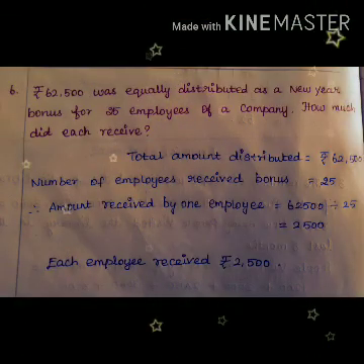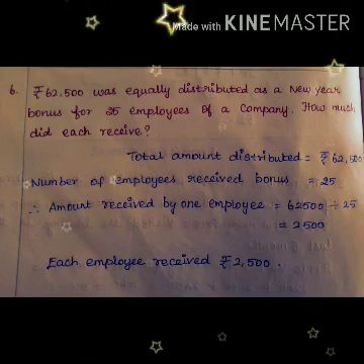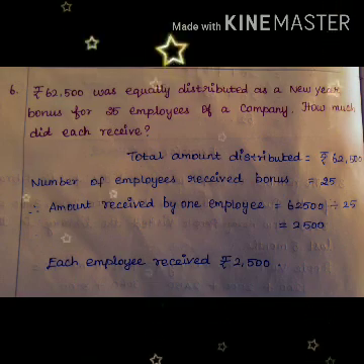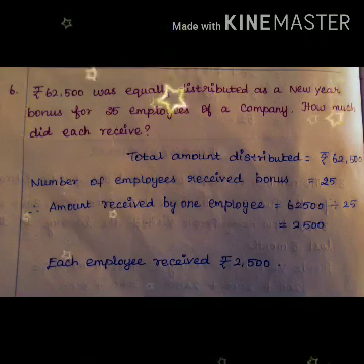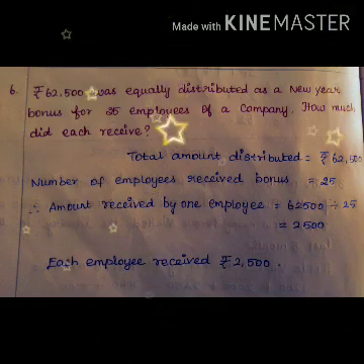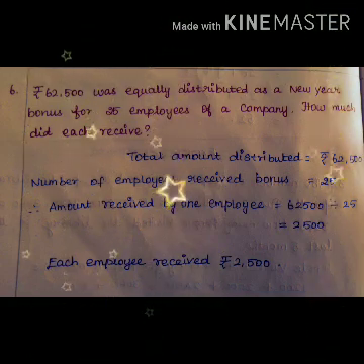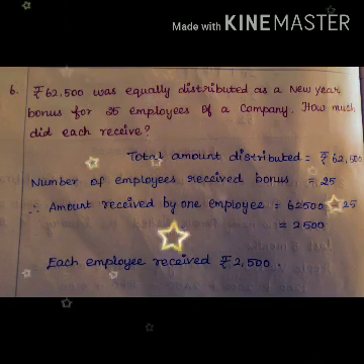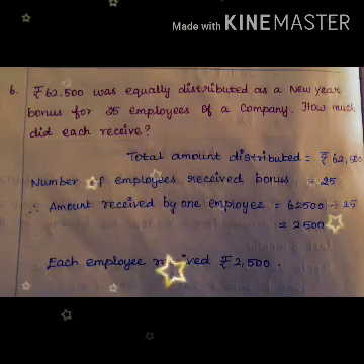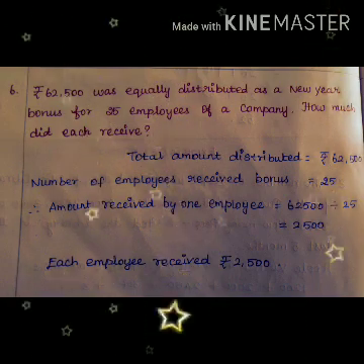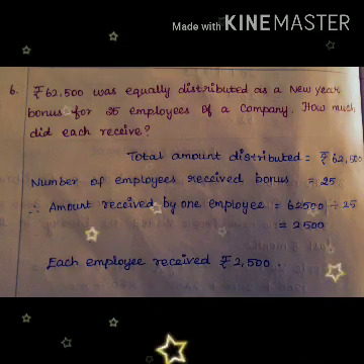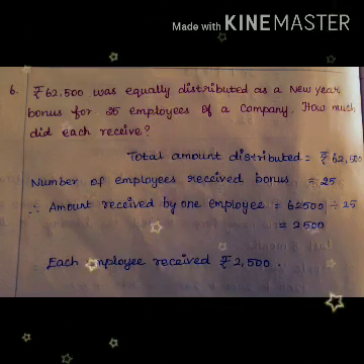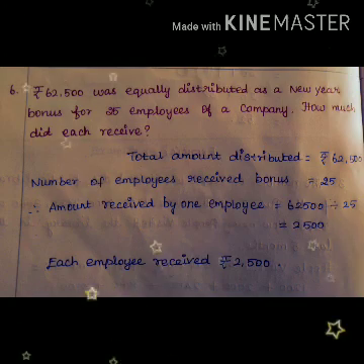Okay, now next question. Rupees 62,500 was equally distributed as a new year bonus for 25 employees of a company. How much did each receive? Okay, they are saying 62,500 rupees was given to the 25 employees as new year bonus.